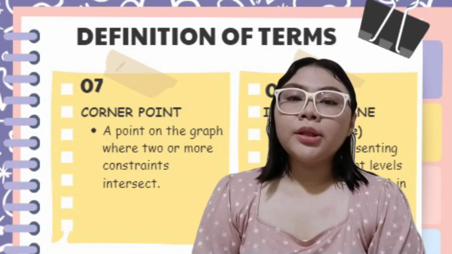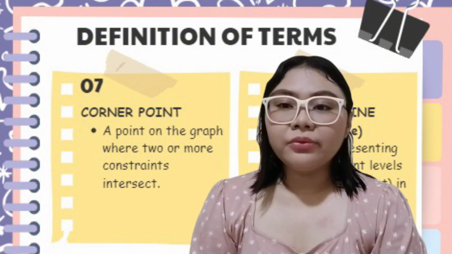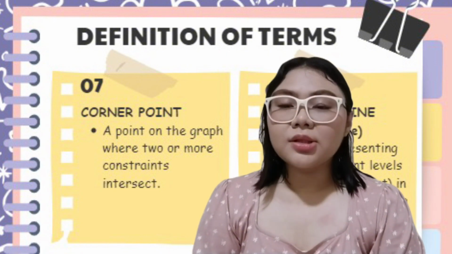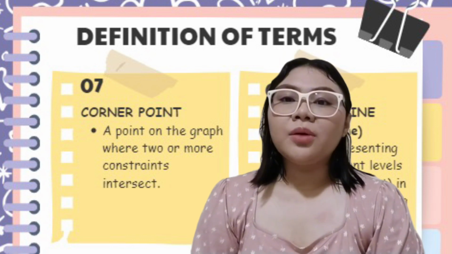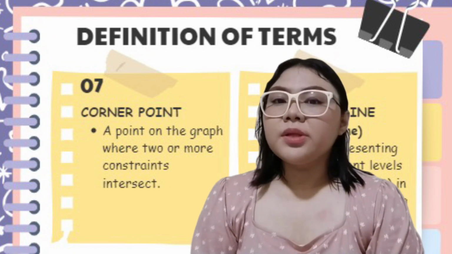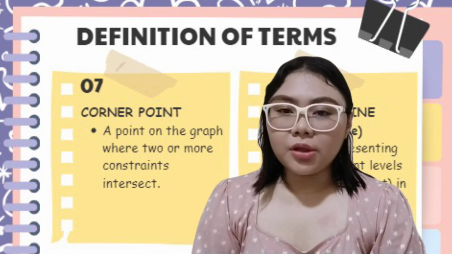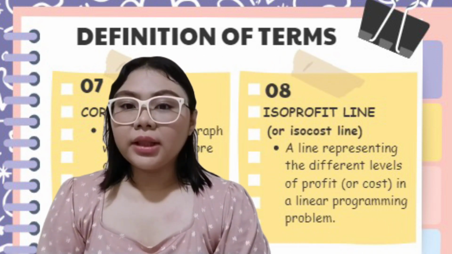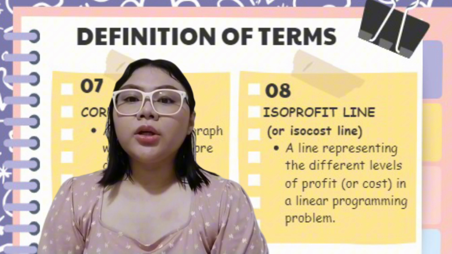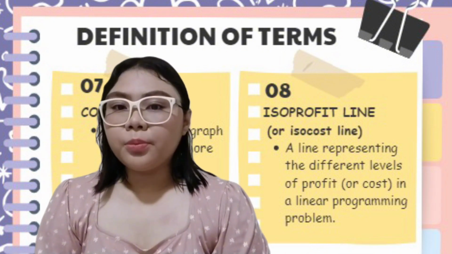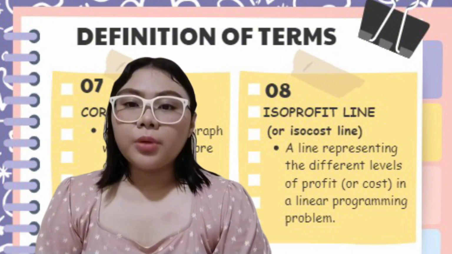A corner point is the point on the graph where two or more constraints intersect. These points are important because the optimal solution often lies at one of these corner points. A profit line represents the different levels of profit in a linear programming problem.